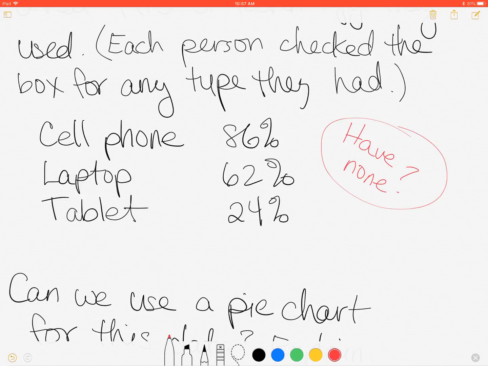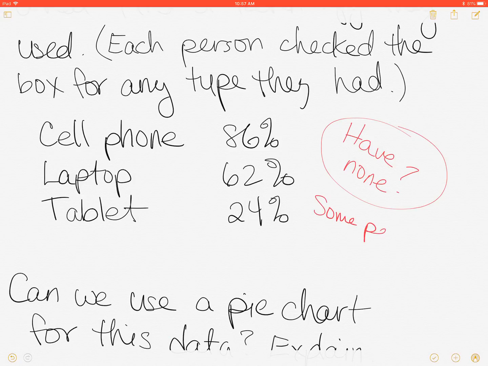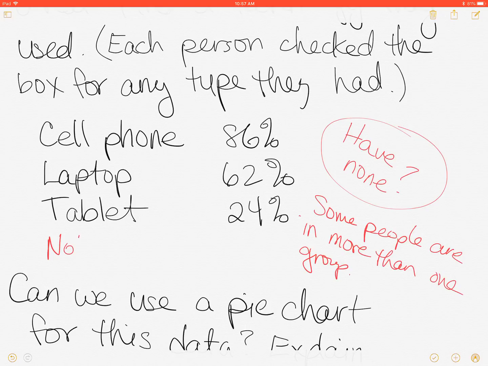And so some people are in more than one group. And because of this, we cannot use a pie chart.